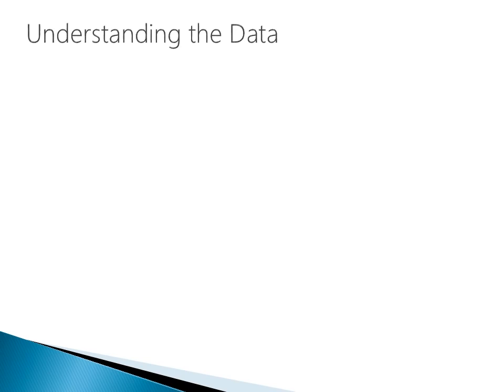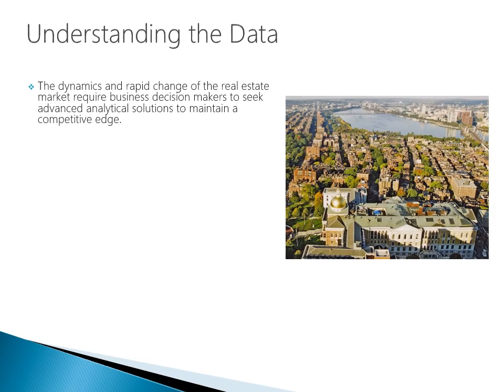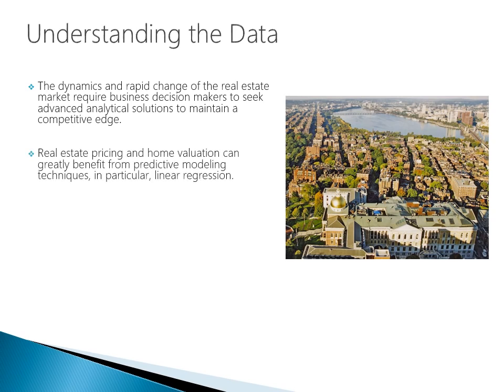Before we begin any type of analysis, it's always paramount to understand the data that we're working with. The dynamics and rapid change of the real estate market require business decision makers to seek advanced analytical solutions to maintain a competitive edge. Real estate pricing and home valuation can greatly benefit from predictive modeling techniques, in particular linear regression.